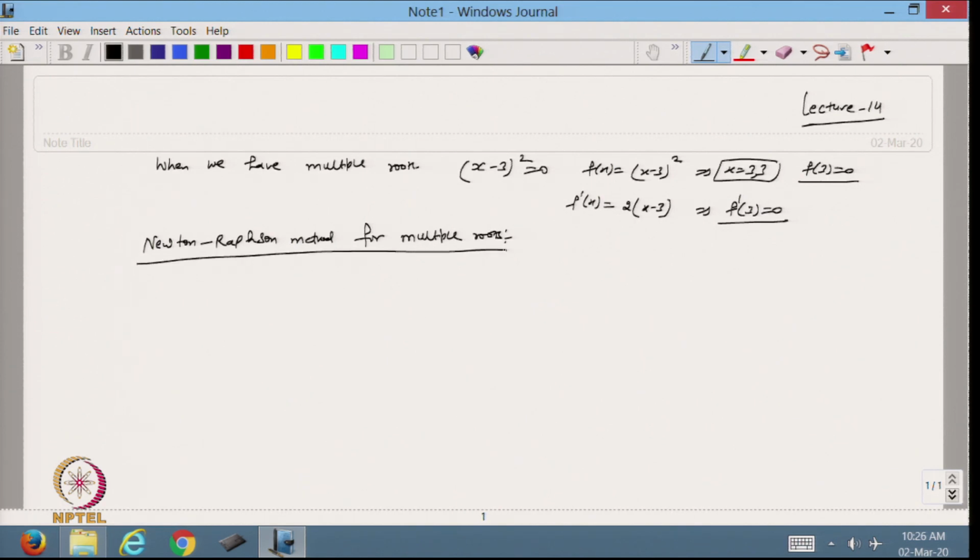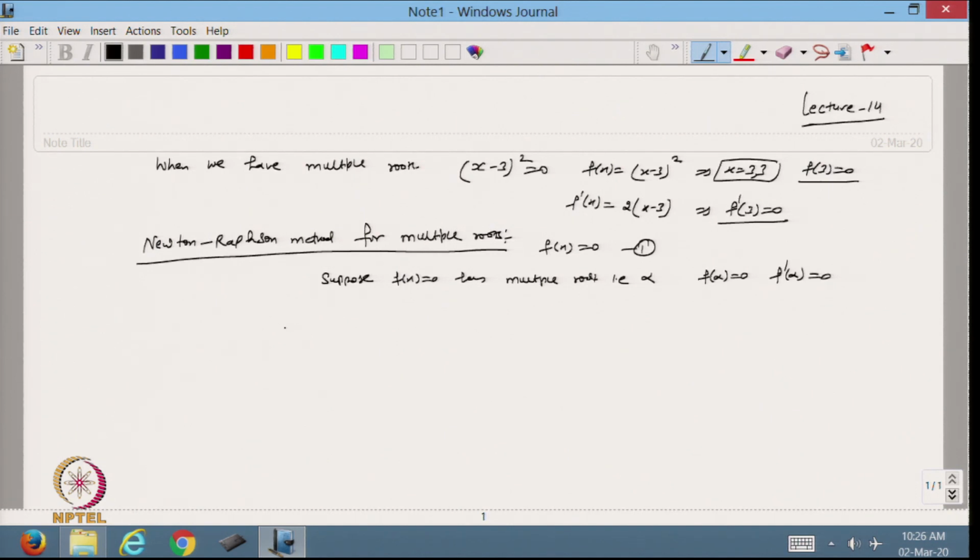So how does it work? The method is the same. We have an equation f(x) equal to 0, and suppose it has a multiple root, which we take as alpha. It means that f of alpha is 0 and f dash alpha is also 0.